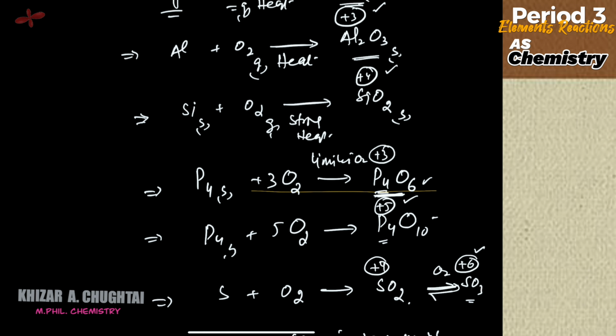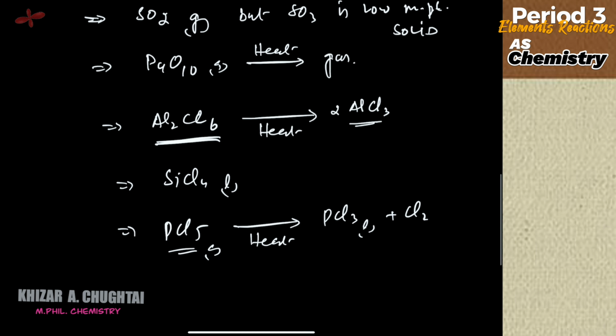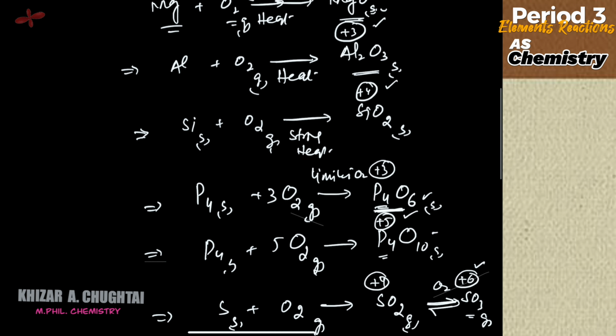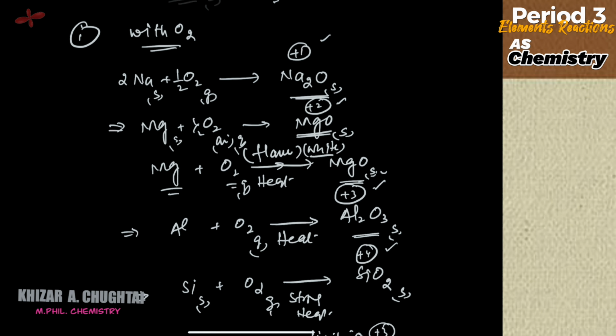Again, I'm going to put state symbols over here. These are solids, gas, sulfur is solid, oxygen, as you know, is a gas. So these are the basic main points in the reactions of period 3 elements with oxygen.